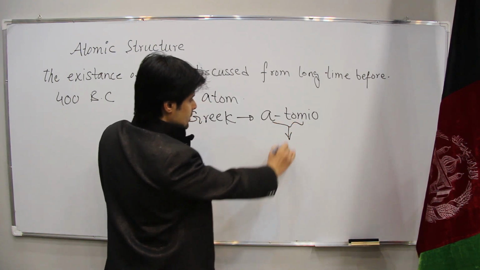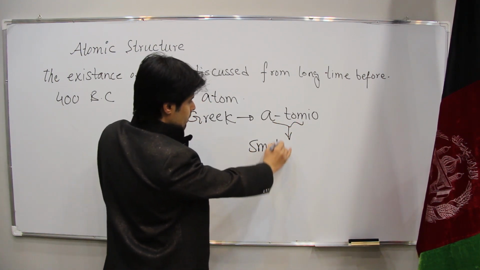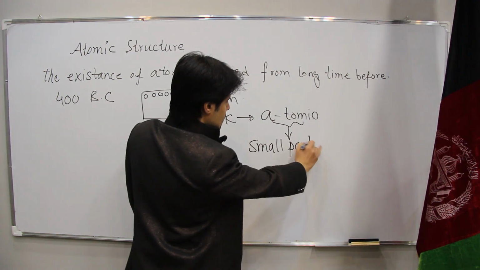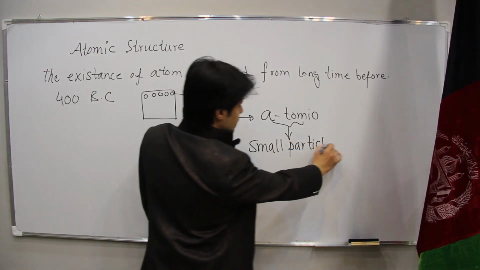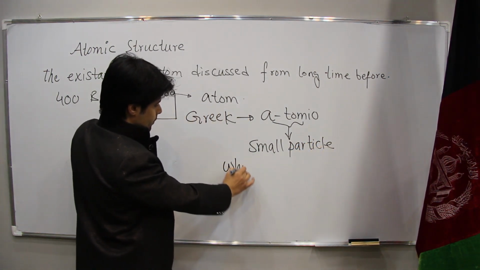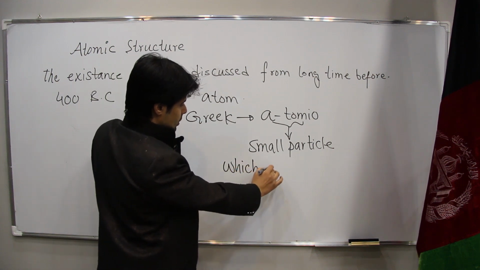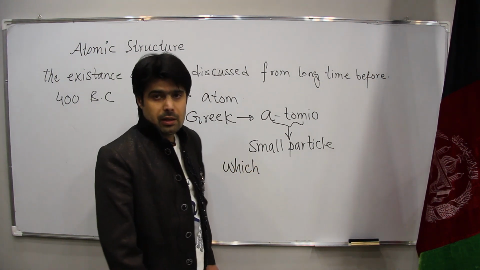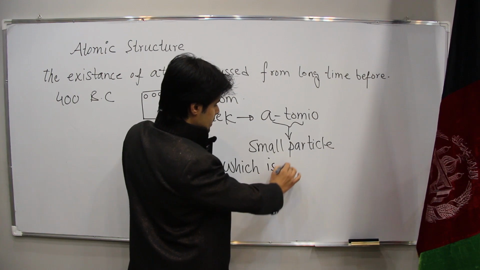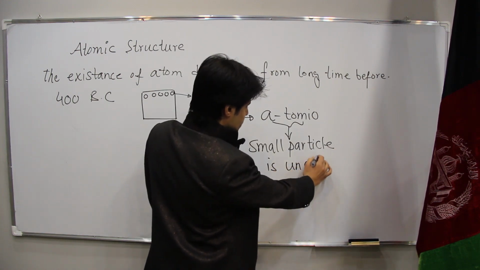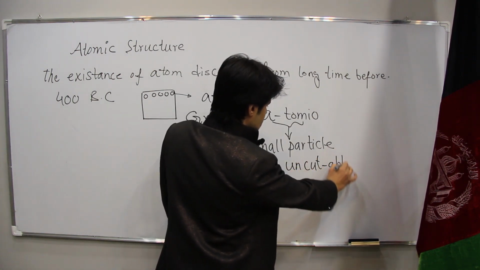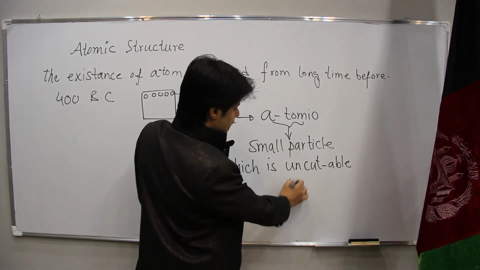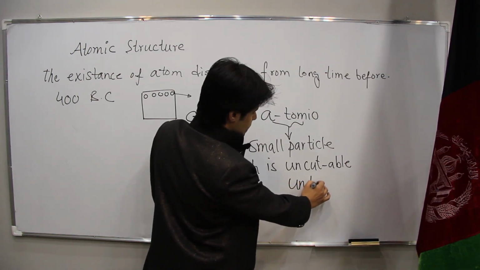Atomio means a small particle which cannot be cut, which is uncuttable or indivisible.